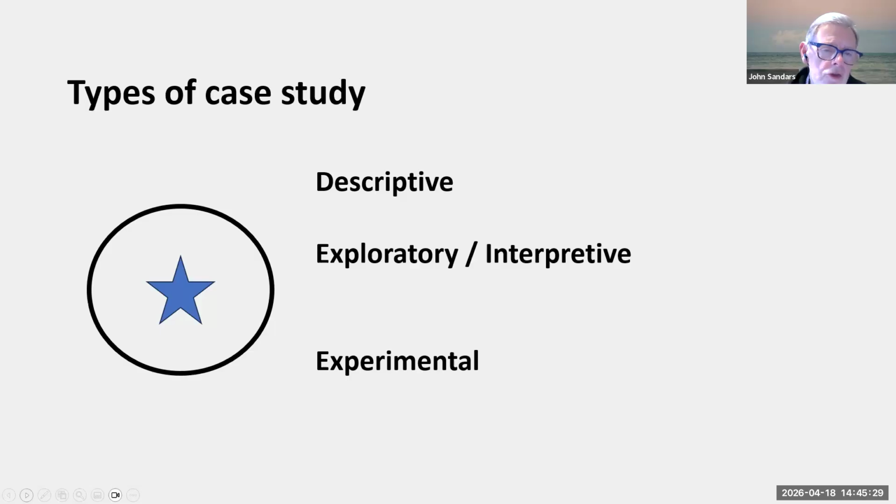It's something which is unusual, something which is interesting. However, case study research tends to be more exploratory and interpretive, making sense out of what happened in that particular case. But you can also have experimental, where you could do a randomized control trial within that particular case study. That's rarely done.